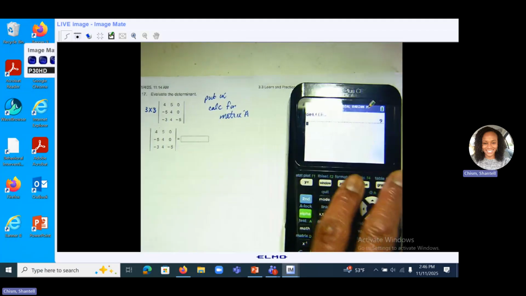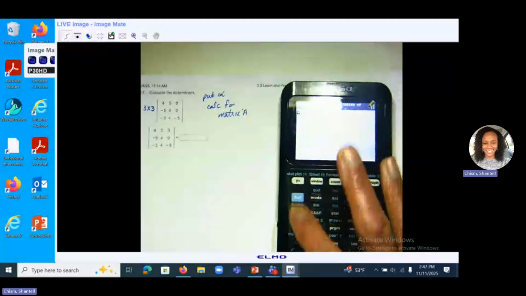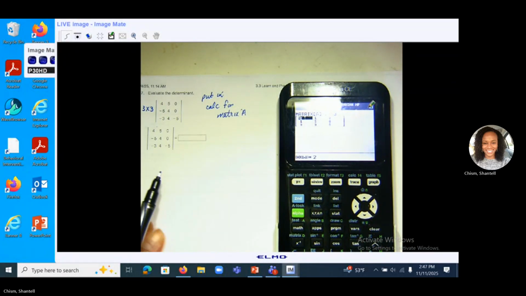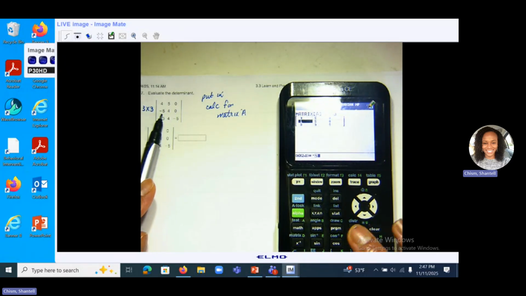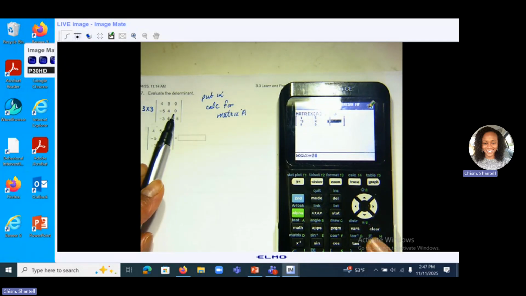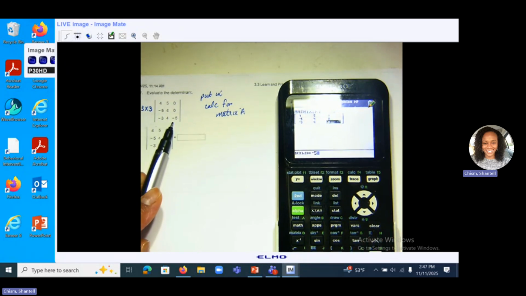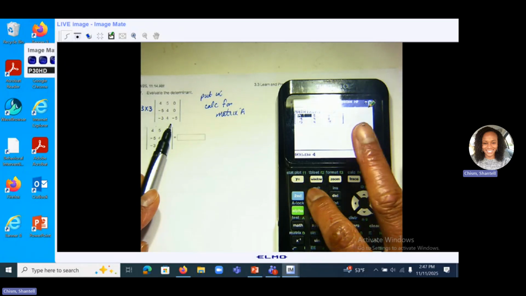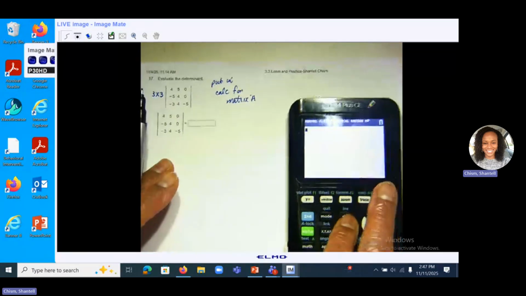So I'm going to put that in for matrix A. I'm going to press second matrix, go over to edit. It is a 3 by 3. So I've got 4, 5, 0, -5, 4, 0, -3, 4, -5. I get out of that by pressing second mode. Sorry about the glare.